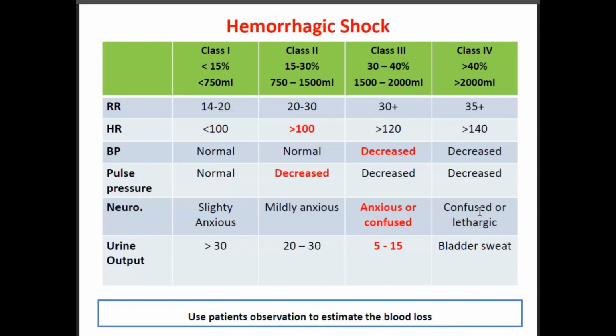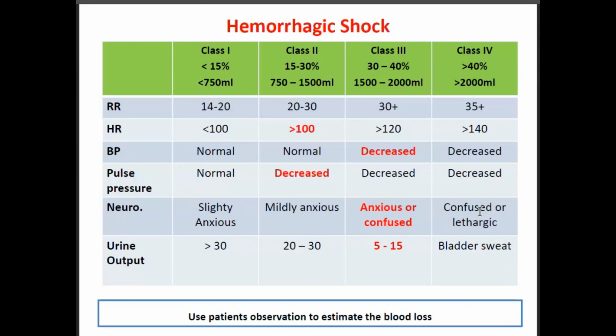Okay, so we see that this patient is in class 4 hemorrhagic shock because he's lost more than 35% or 40% of his blood.